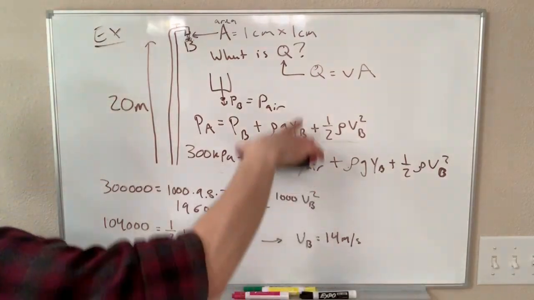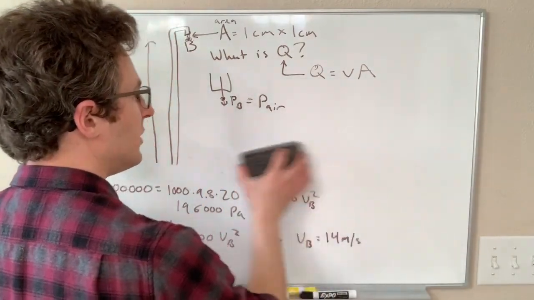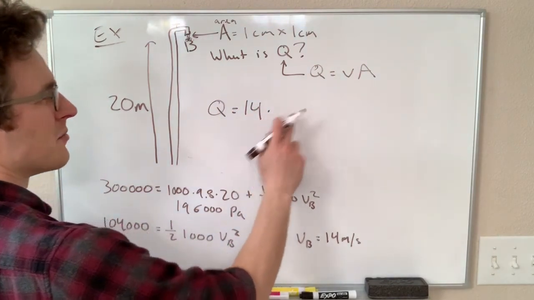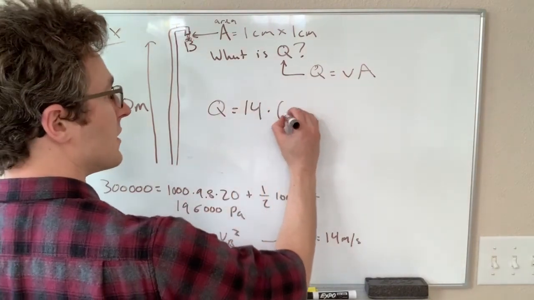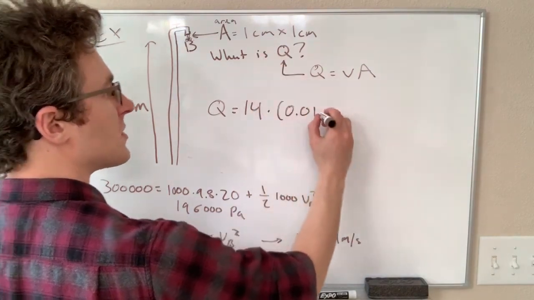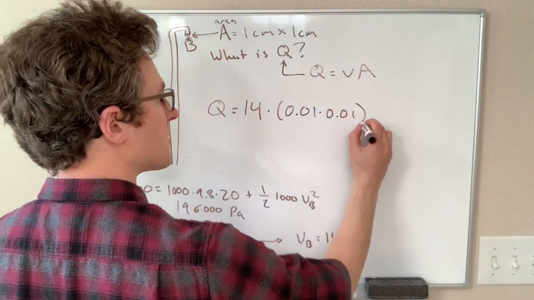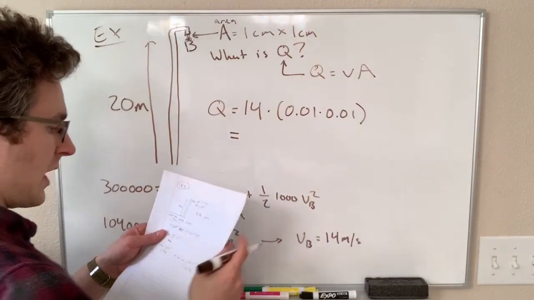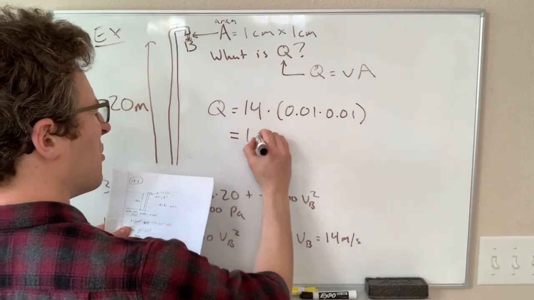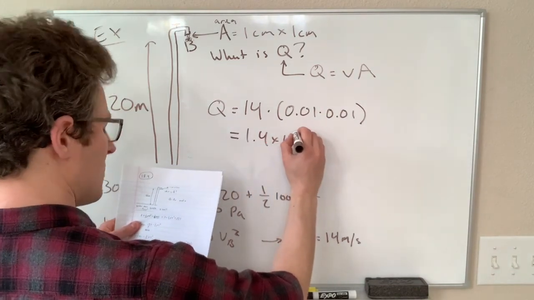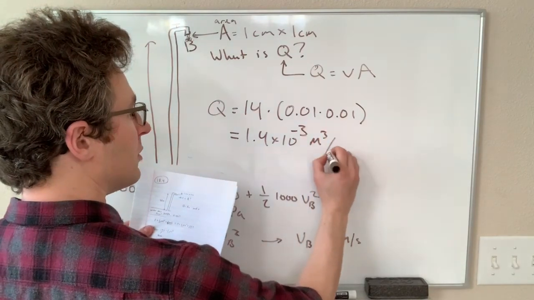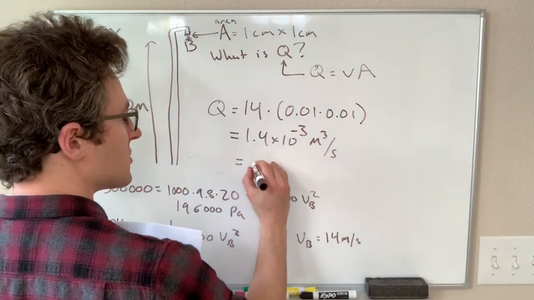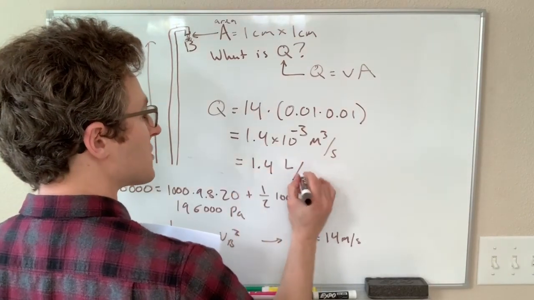And then plugging this into our Q equals VA equation, Q equals 14 times our area in square meters. So that is 0.01 meters times 0.01 meters. And that is going to give us a Q of 1.4 times 10 to the minus 3 cubic meters per second, which translated into more understandable units is 1.4 liters per second.